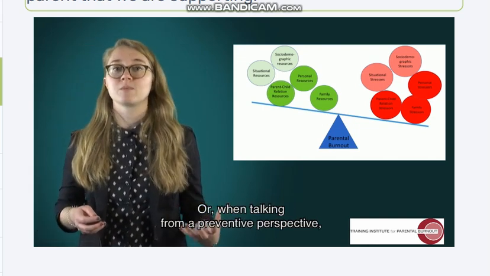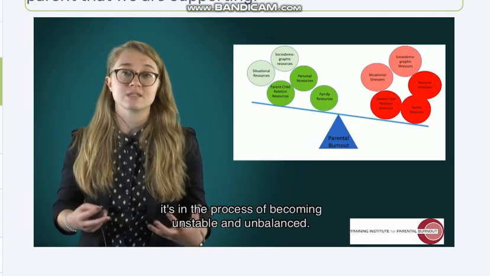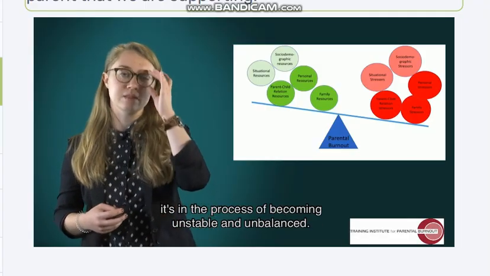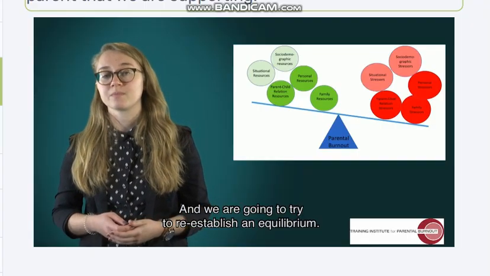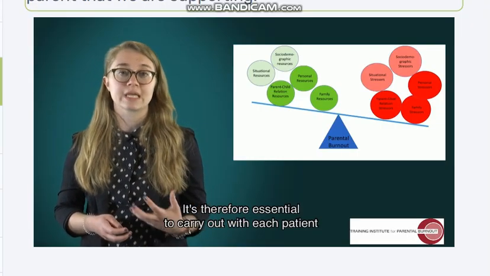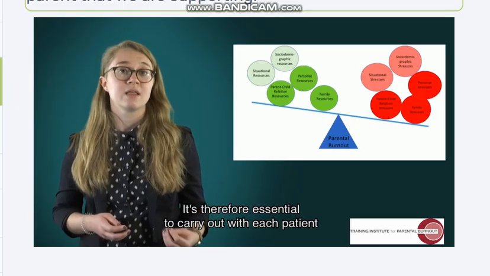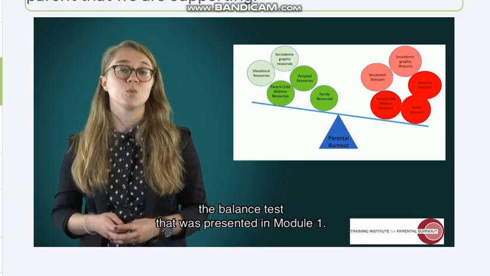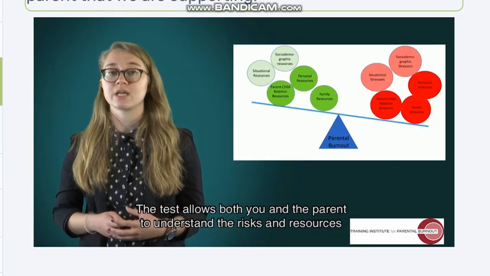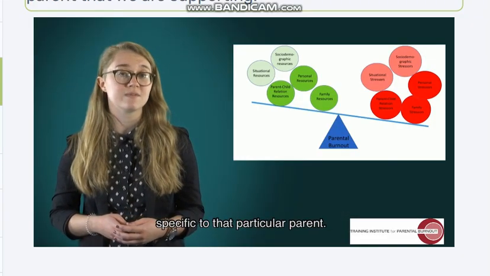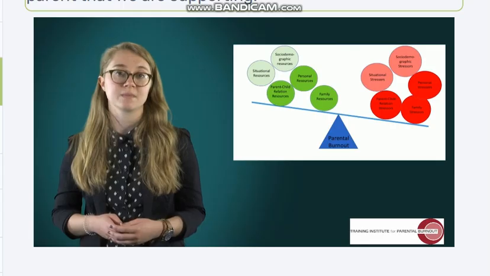Or when talking from a preventive perspective, it's in the process of becoming unstable and unbalanced, and we are going to try to reestablish an equilibrium. It's therefore essential to carry out with each patient the balance test that was presented in Module 1. The test allows both you and the parent to understand the risks and resources specific to that particular parent.